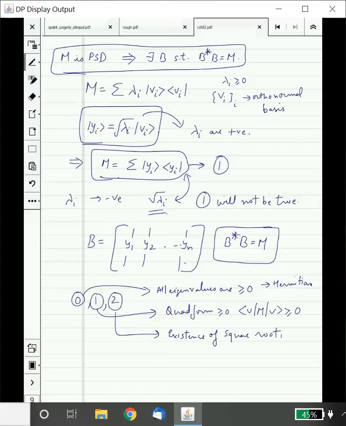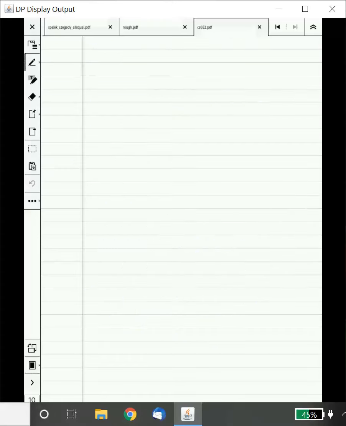I would like to make a note here about this square root. The way we constructed B, it was of a very specific form. It turned out to have orthogonal columns. Remember, Yi's are orthogonal because they are scalar multiples of an orthonormal basis, and also it was square. In general, that is not necessary.